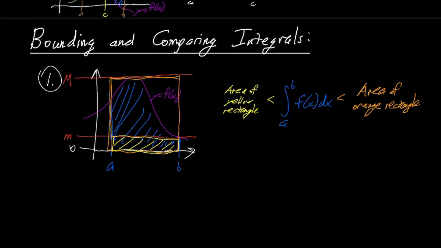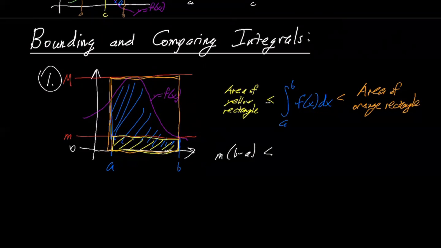So what is the area of the yellow rectangle? Well, the base is b minus a, and the height is little m. So we can say little m times b minus a is less than or equal to the integral.